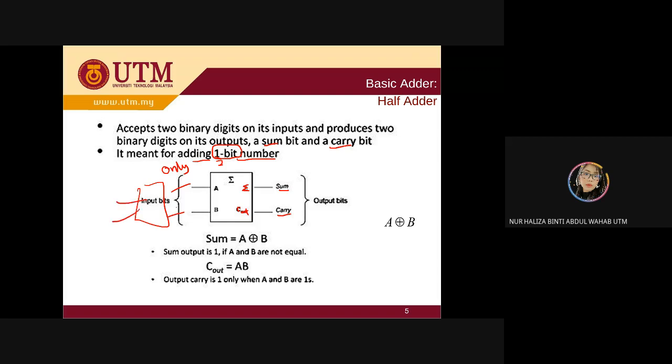I don't know how the connection look like. Later we will learn together how they will connect to each other. But what you need to know first is on half adder you have 2 input, 2 output, which is sum and carry, and another one you just can add one bit number.